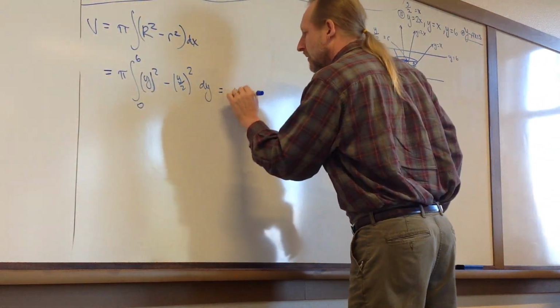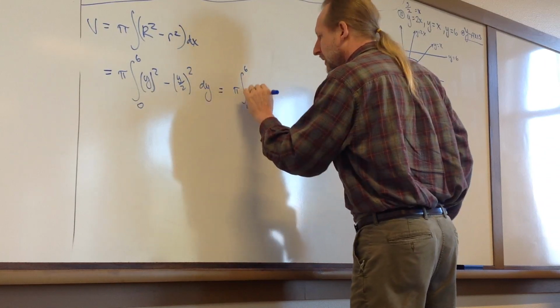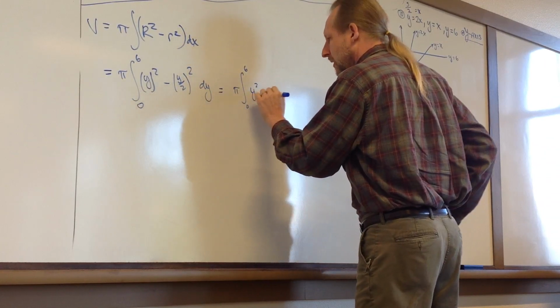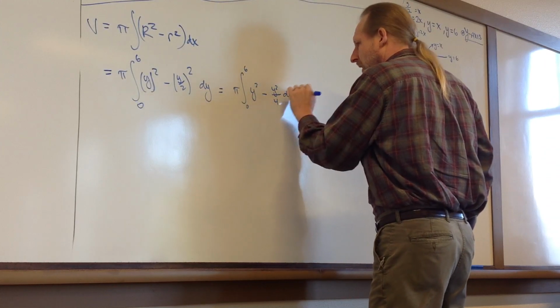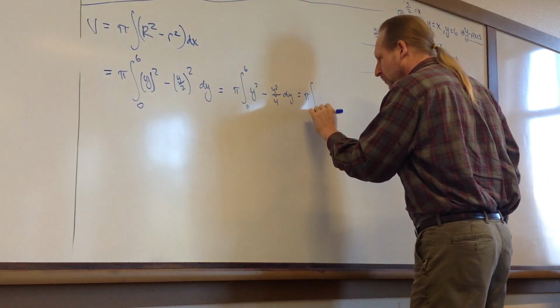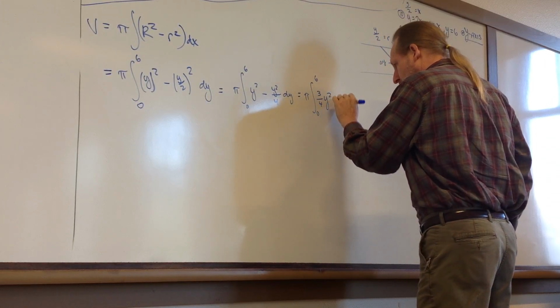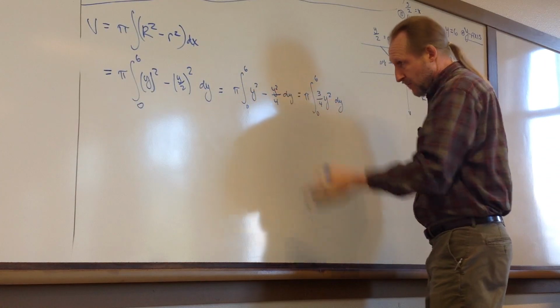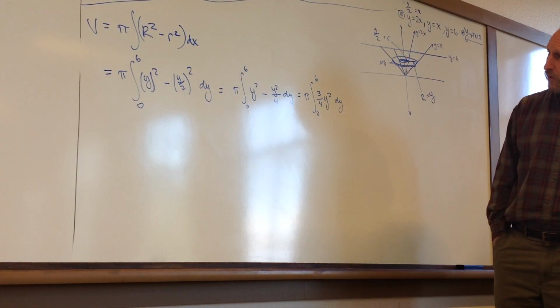So there's that. Now we've got pi, integral from 0 to 6. This will be y squared minus y squared over 4. And let's take this one more step to make it just that much easier to work with, right? 1y squared minus a fourth y squared leaves us with 3/4 y squared.